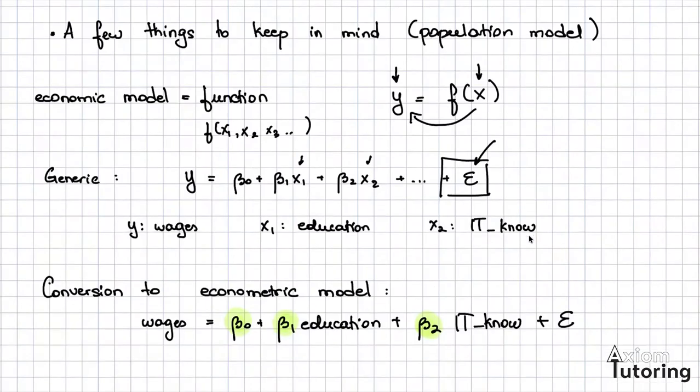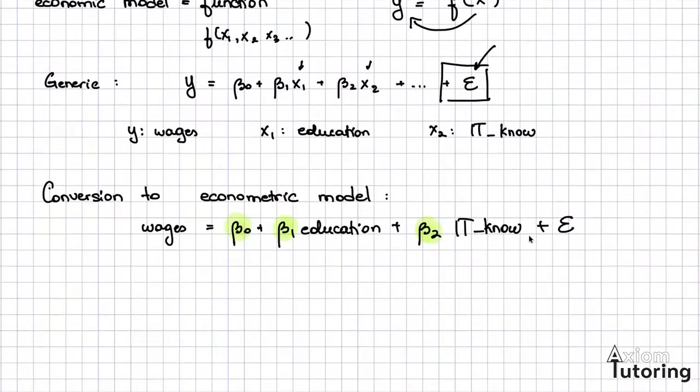The last bit before we finish this video, I want you to be aware of the fact that sometimes you might see what we call the theoretical version of your econometric model, which is going to look exactly like what we wrote right now.